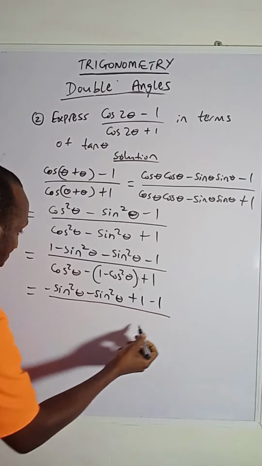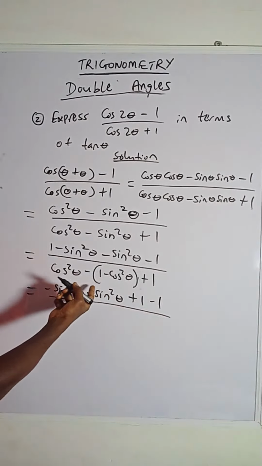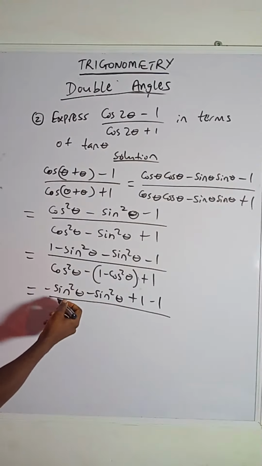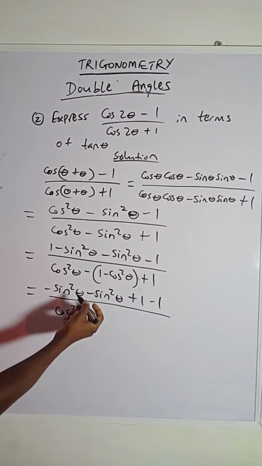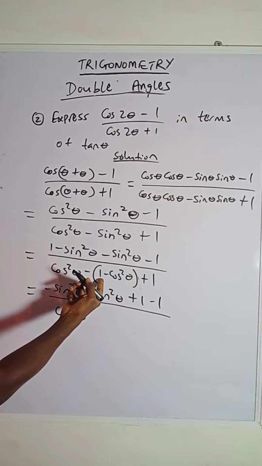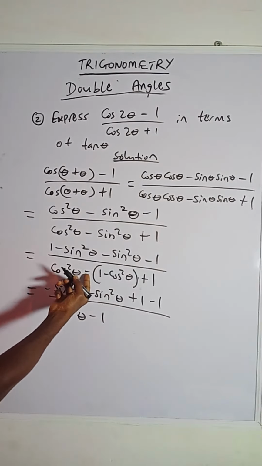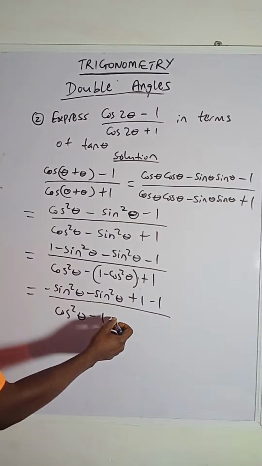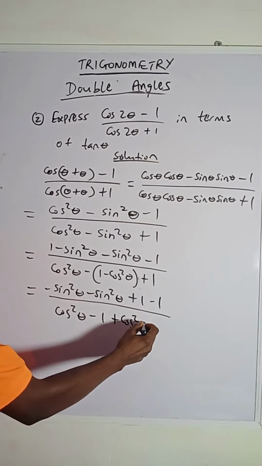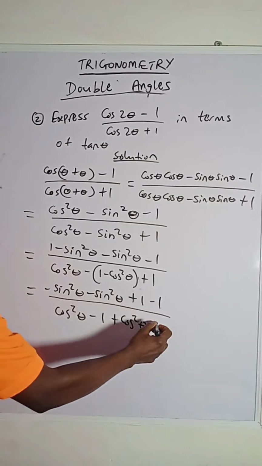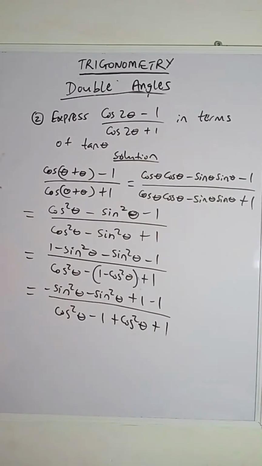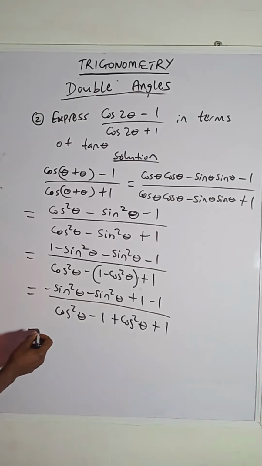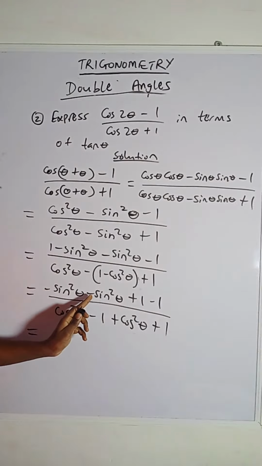All divided by what? Let us simplify this. This is going to be cos square theta, minus times 1 is minus 1. Minus times negative cos square theta is plus cos square theta. Are you with me? Then we have plus 1 here. You see that? Okay. So what is minus sine square theta minus sine square theta?